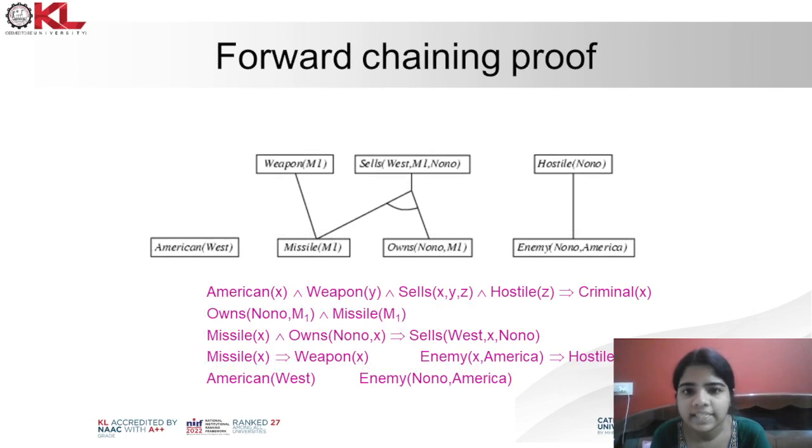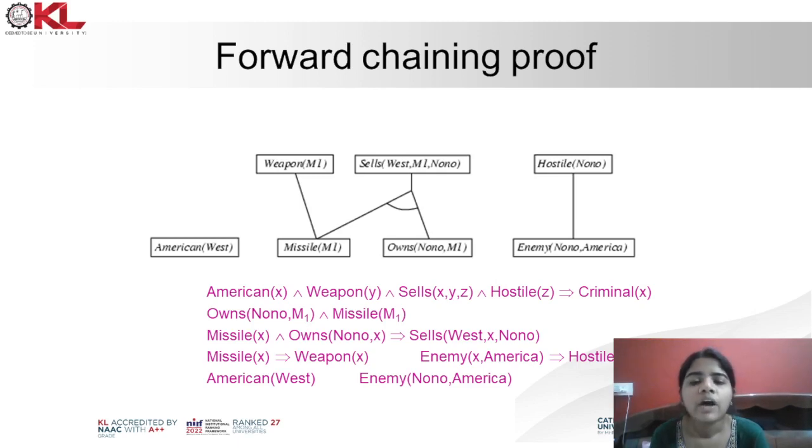When we go to the next slide, we represent this forward chaining as this. First we consider all the left-hand side facts and write them as Weapons(M1) and Sells(West, M1, NATO).